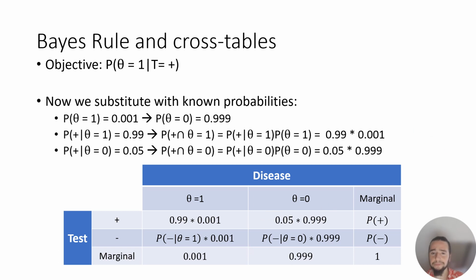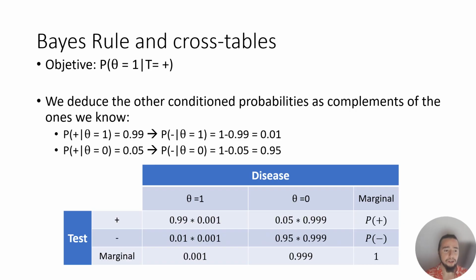Moving on, we substitute. We already know that the probability of having a positive test given you are infected is 0.99. Given that being infected is the sample space, having a negative test should be everything that is not having a positive, therefore its complement. 1 minus 0.99 is 0.01.